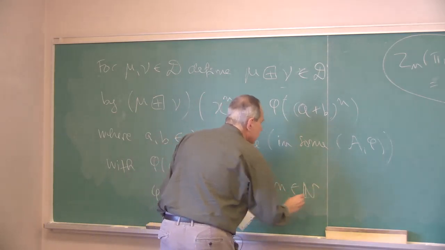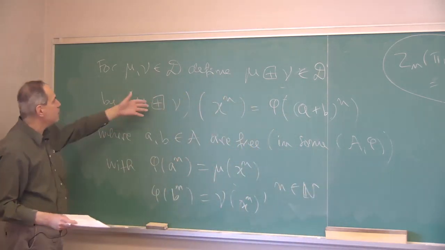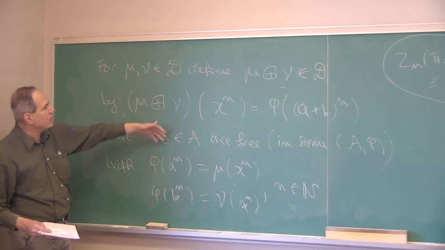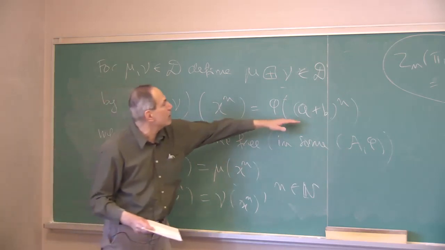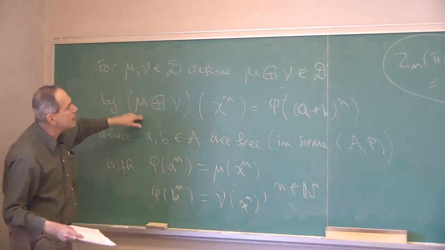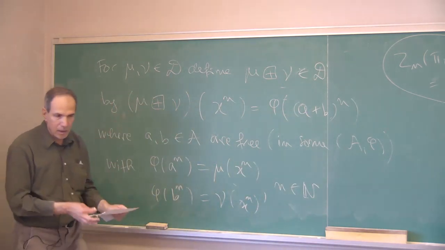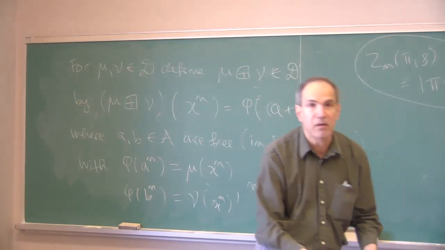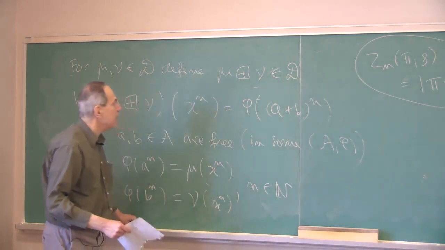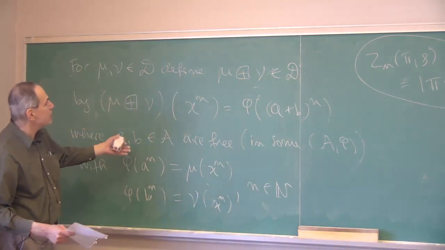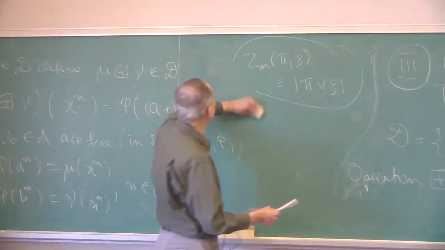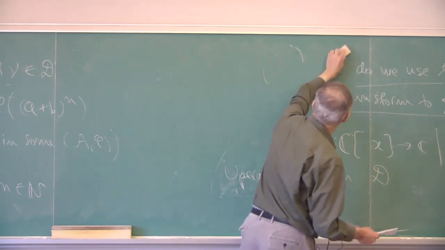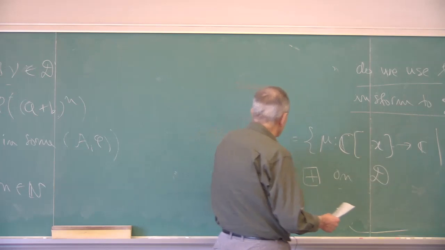All this makes sense: any mu and nu can be represented like this, with a and b free, and then phi of (a plus b) to the power n is uniquely determined. This is pretty much the same as what Peilan discussed yesterday, only in terms of mu and nu instead of a and b. I find it nicer like that for what I'm going to do here.